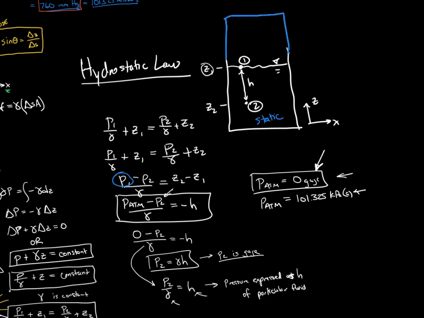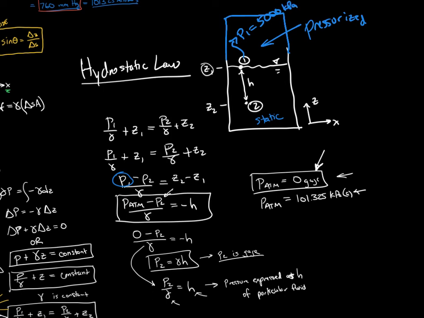Let's suppose I capped it and pressurized it, whatever I did, so that there's a pressure at 1. So let's suppose P1 equals, well, I don't know, let's just say 5,000 kPa. So it's got some pressure right there.